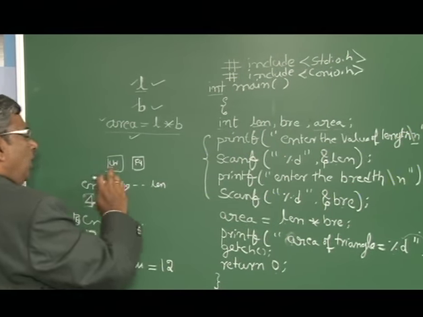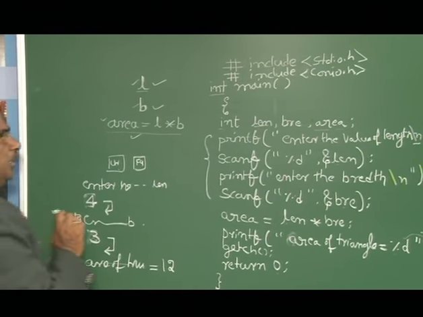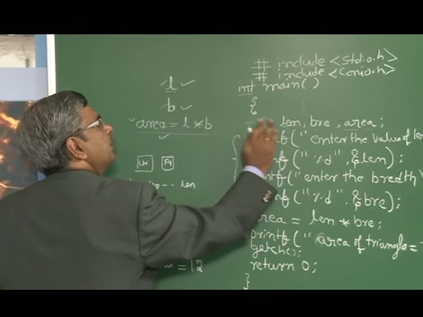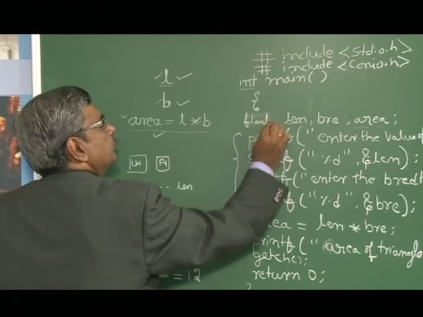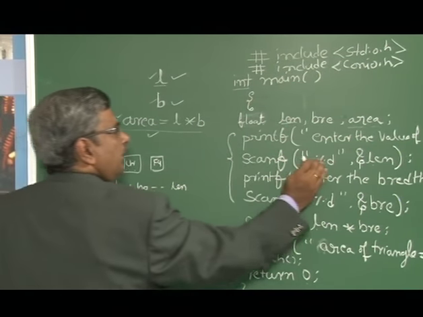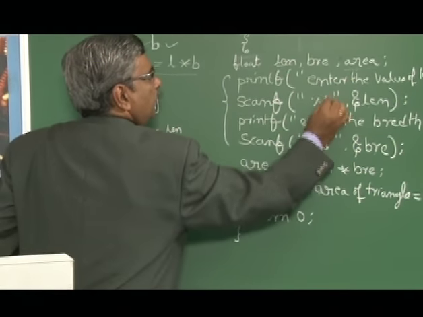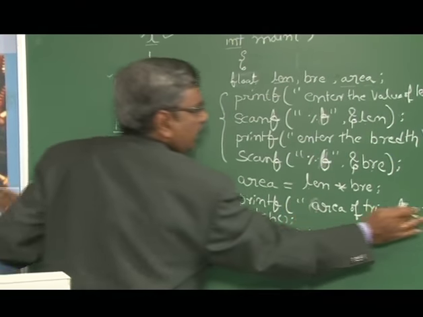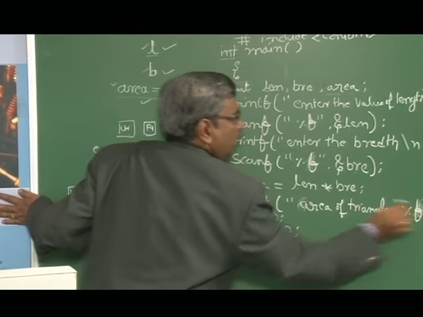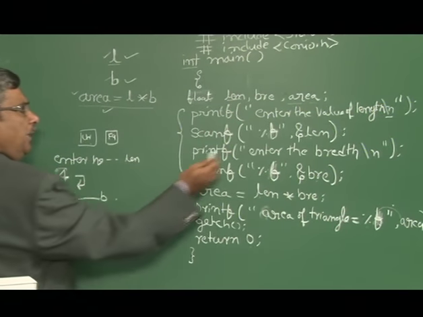If you want to make all these variables of type float, then the changes to be done are: instead of int, you have to use float. Here instead of %d, you have to use %f. This is the change that you have to do. The remaining things follow.